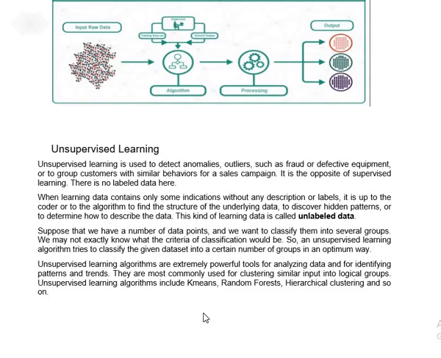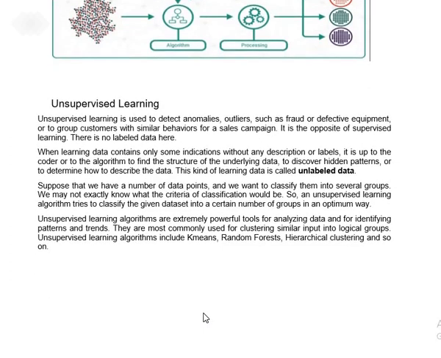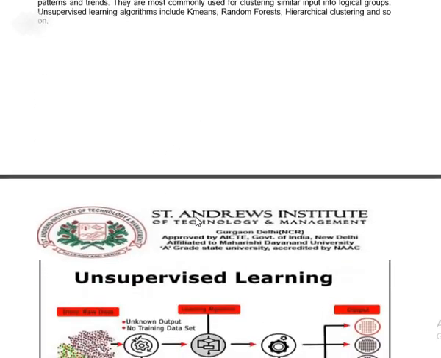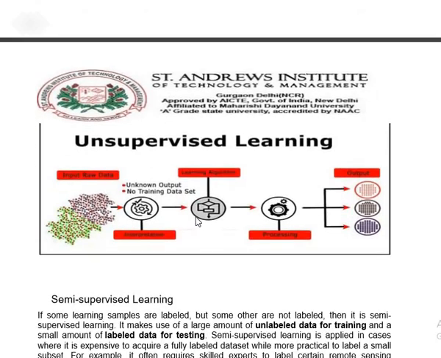This unsupervised learning method includes clustering techniques, with algorithms like k-means, random forest, hierarchical clustering, and so on. When we say k-means clustering, the algorithm is applied to identify the data set by making different clusters from it.